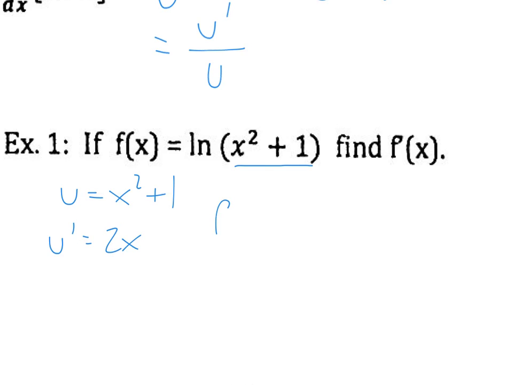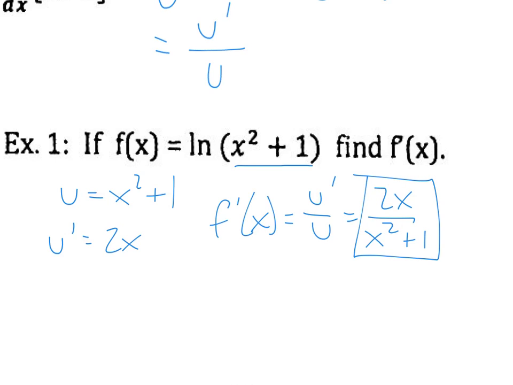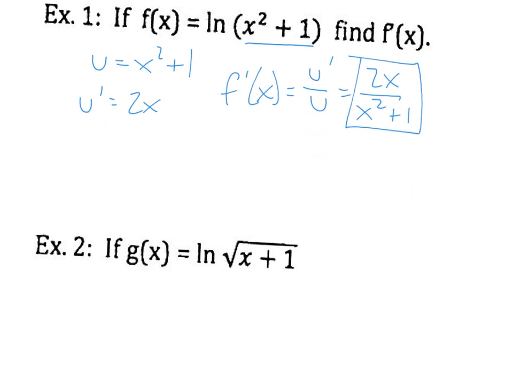That means f prime of x would equal u prime over u, which in this case would be 2x over x squared plus 1. That's our derivative right there. So you take u prime over u, the derivative of the thing inside, divided by the thing inside. Let's look at another.